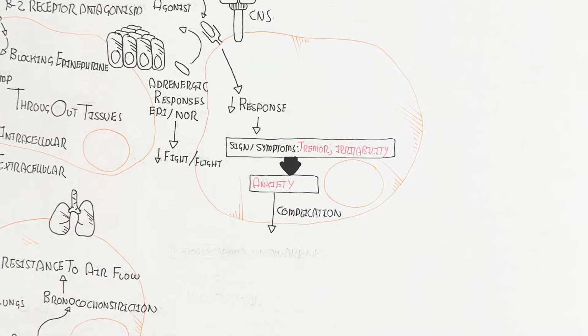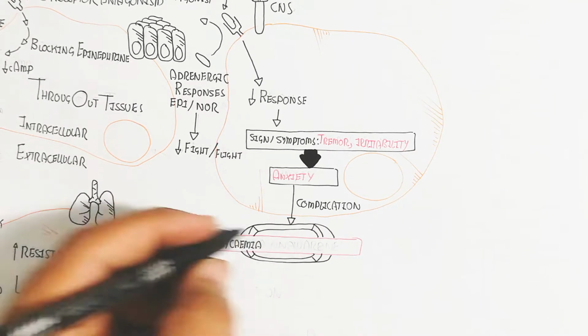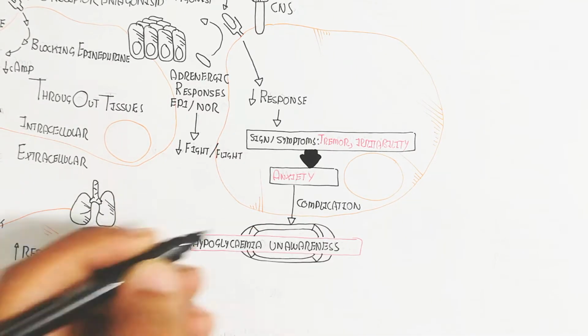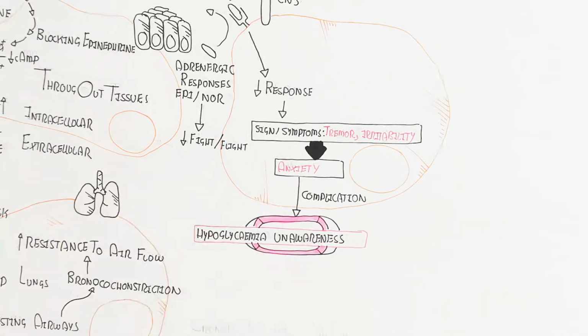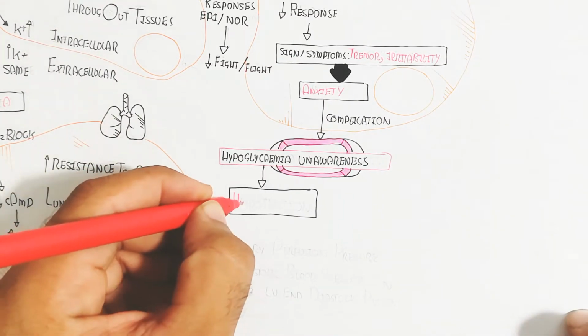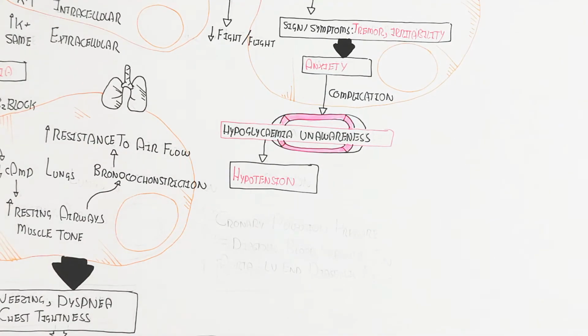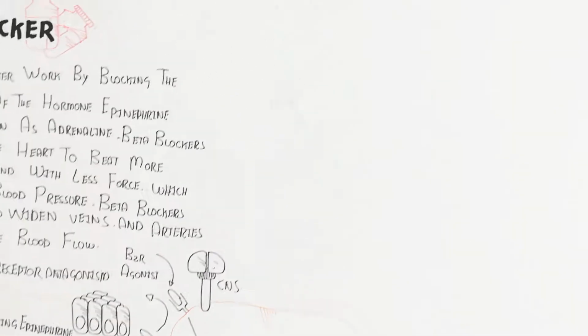The decrease of the blood glucose means hypotension, meaning the decrease of the blood pressure. So the hypoglycemia unawareness will lead to hypotension, and that is basically the major complication. So remember.